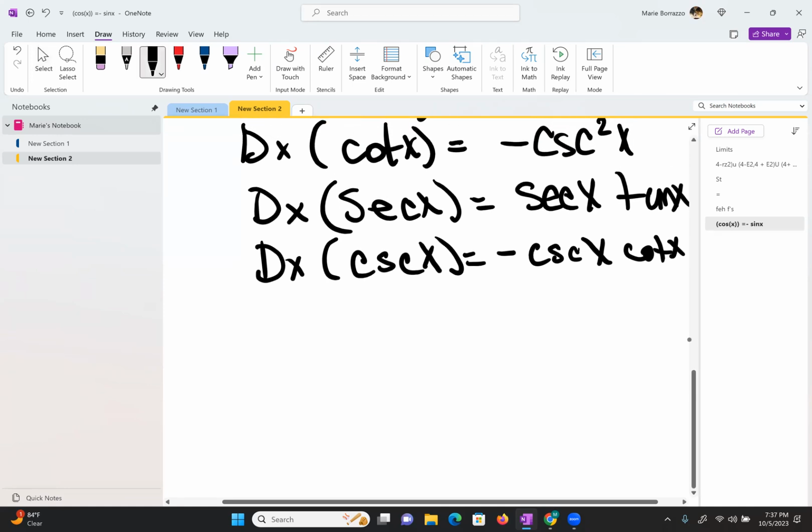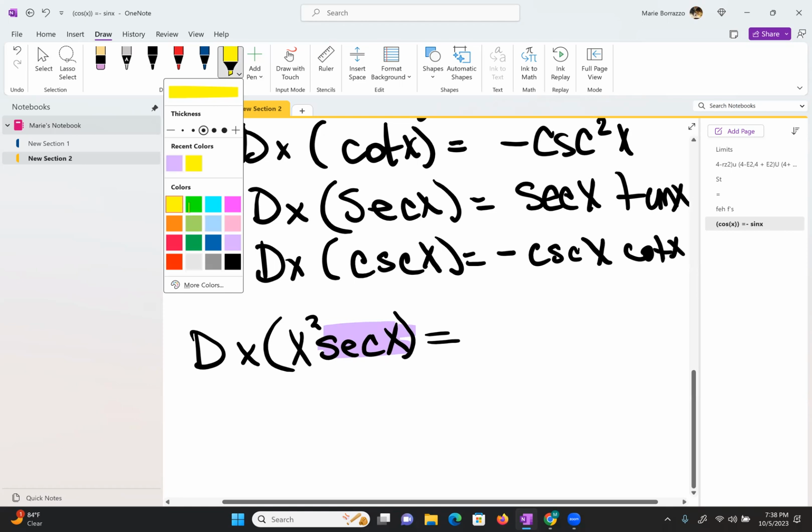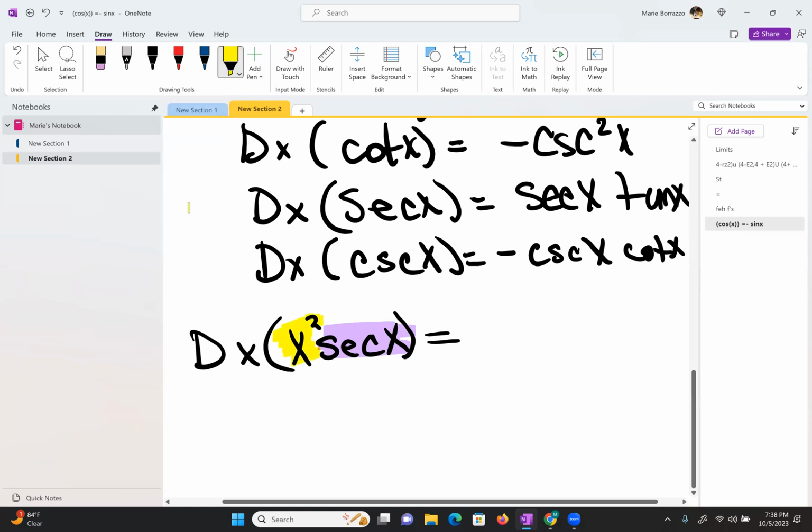An example of that would be if I gave you a function, find the derivative of x squared secant x. You're going to need to use the product rule. Remember, you have x squared and you have secant x. So split it up: this is one function and the other one is the x squared function. Think of that as u of x.